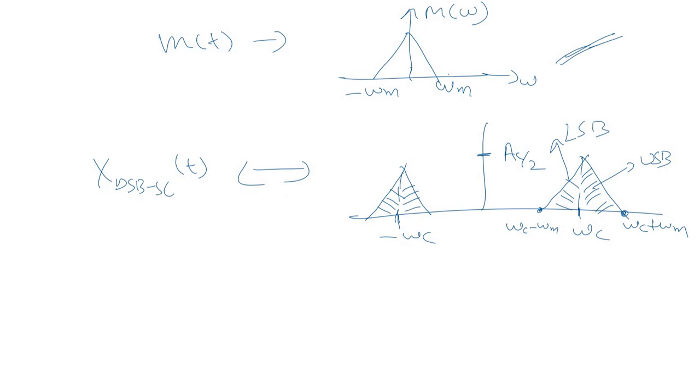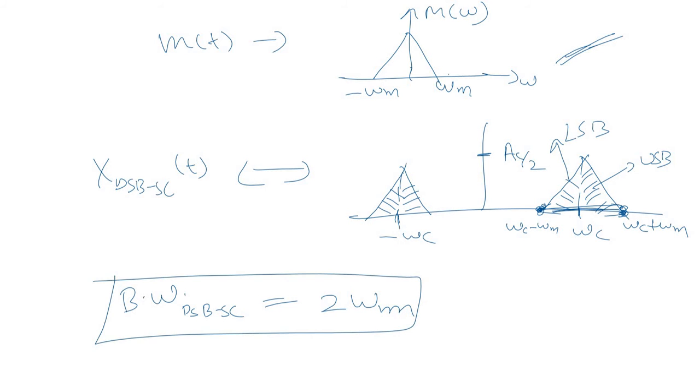Now with the help of this spectrum, we can easily find out the bandwidth required for the transmission of DSB-SC type of signal. We can observe from the spectrum that the bandwidth, that is the band of frequencies in which the maximum energy components are present, lies between these two extreme points, which is equal to twice omega m.